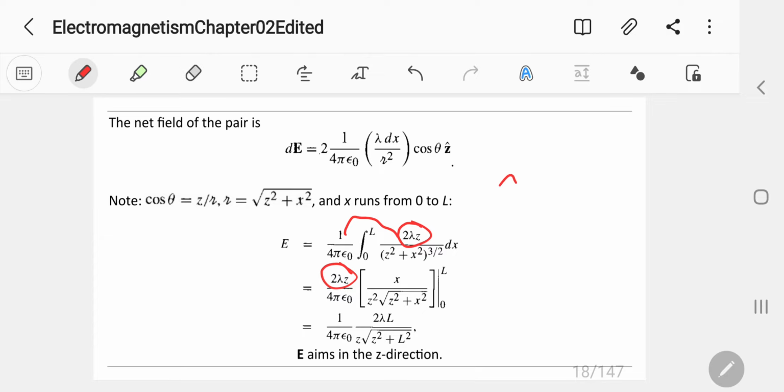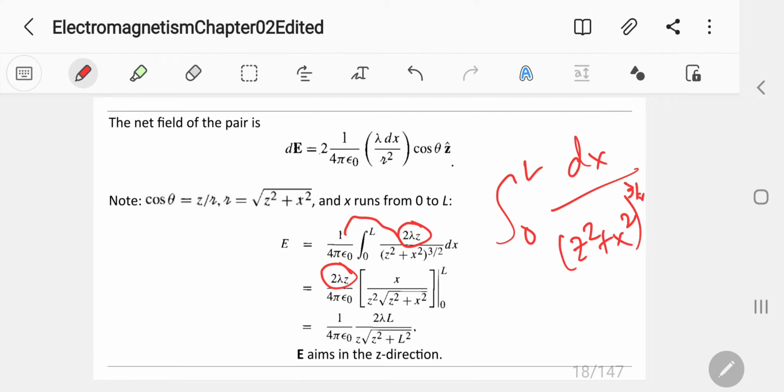You will just be left with an integral from 0 to L of dx over z squared plus x squared to the 3/2, and the integral of that would be this one. You evaluate from 0 to L, and that will give you this one here.